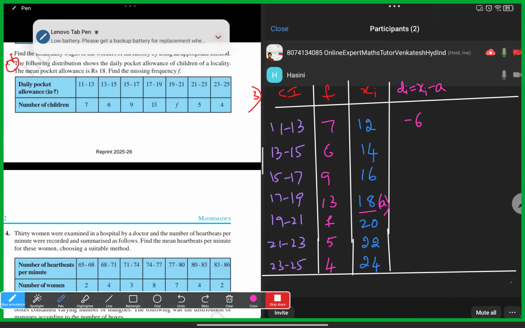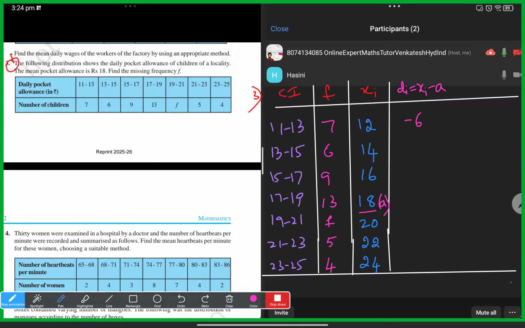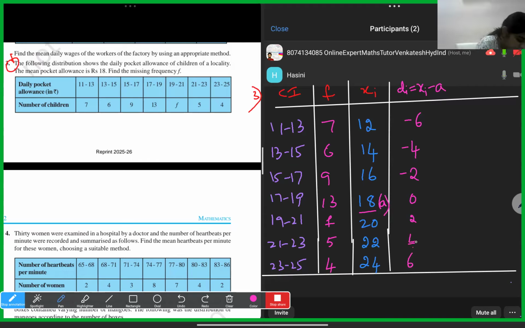Then 14 minus 18 is minus 4. Then minus 2, 0, 2, 4 and 6. So you can see the values are smaller.